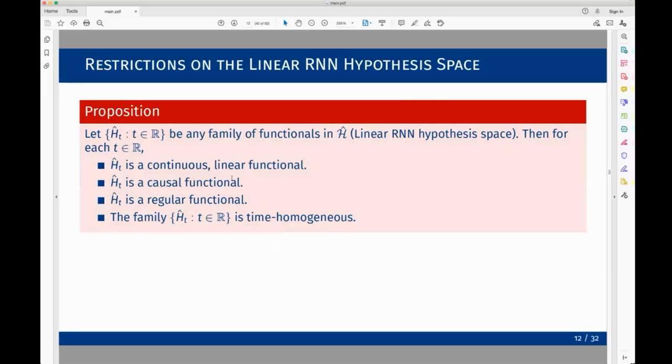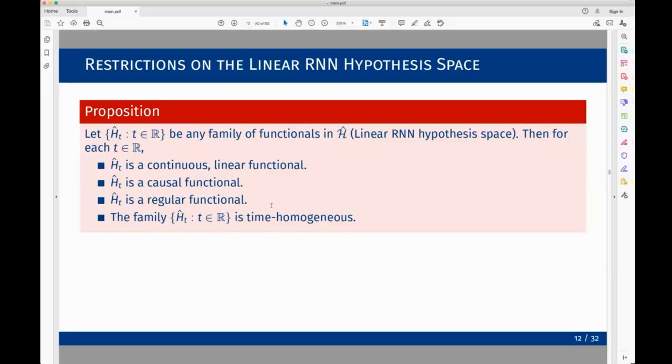Which is also intuitive because our output yt does not depend on the future input xt or xt plus 1. It only depends on the past input x0 to xt minus 1. So in this sense, ht is a causal functional. And the third one is just a mathematical property.